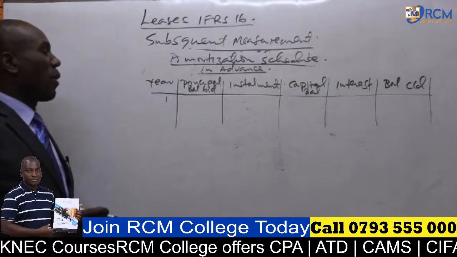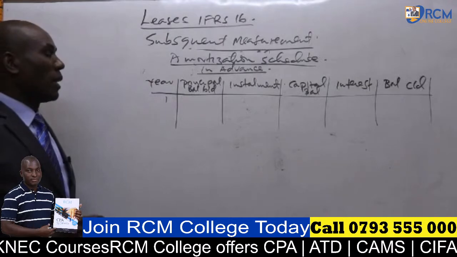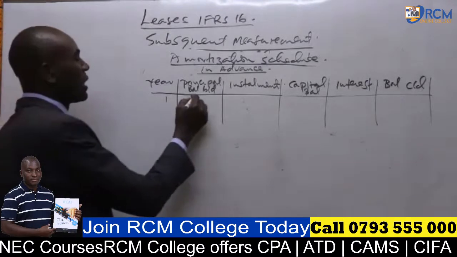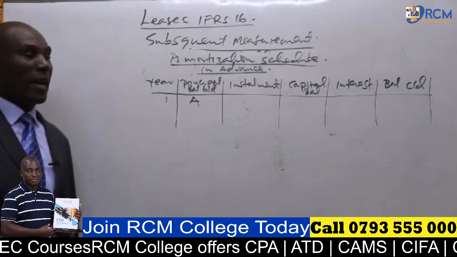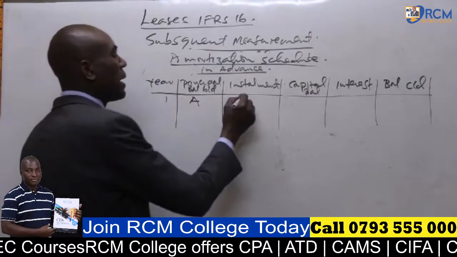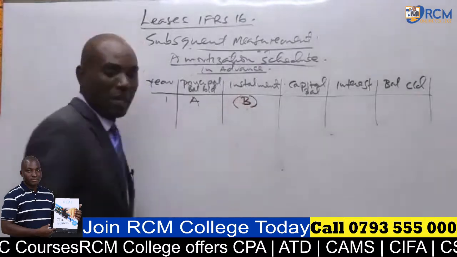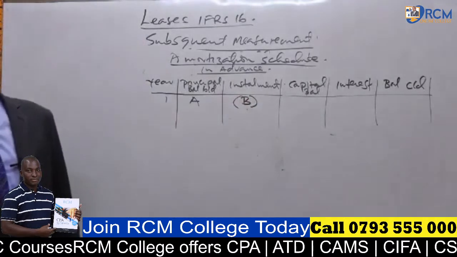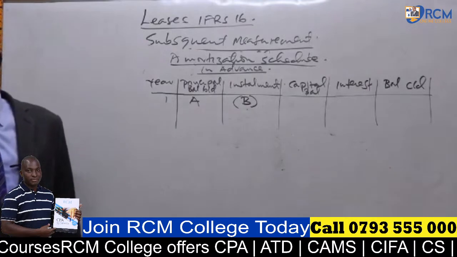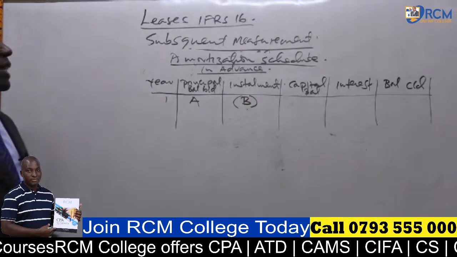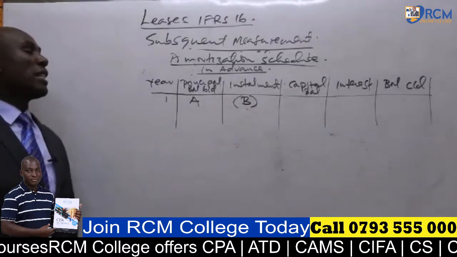Here we start like in year one. Our year is year one. Principal balance, let me put it A. That is my principal balance. Then installment, I make it B. I'm paying out, installment paid.